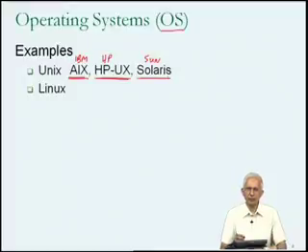Not only is it free software, but it's open source. So the source code, the actual C programs which form the implementation of the Linux kernel, or the Linux core operating system, are actually freely available.